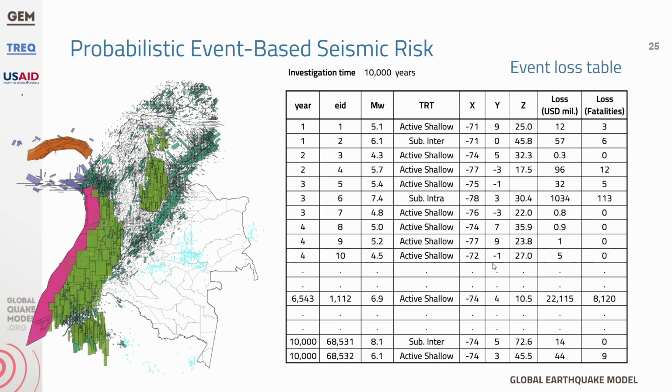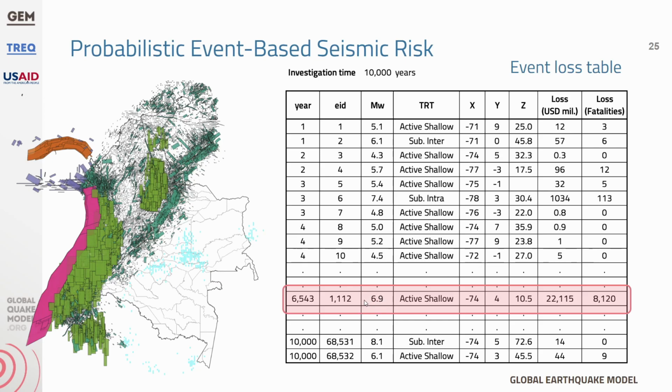Three, and also quite important, the largest magnitude event might not be the event that causes the largest losses, that causes the largest consequences, impact, economic losses, fatalities. And here we're giving this example. The event with the largest losses, according to this table, is occurring in the year 6543.